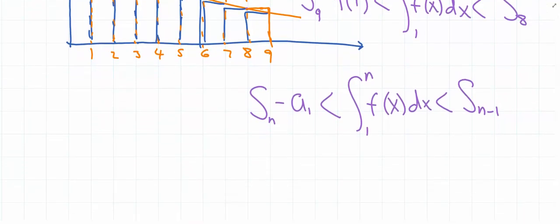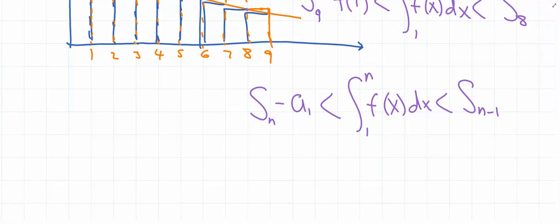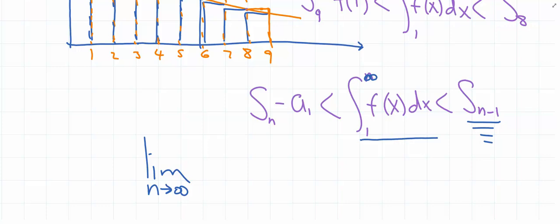Okay, now, let's think about this. What if there is a limit to the nth partial sum? In other words, what if there is a limit to this thing right here? Let's do the limit as n goes to infinity of s sub n minus a1.